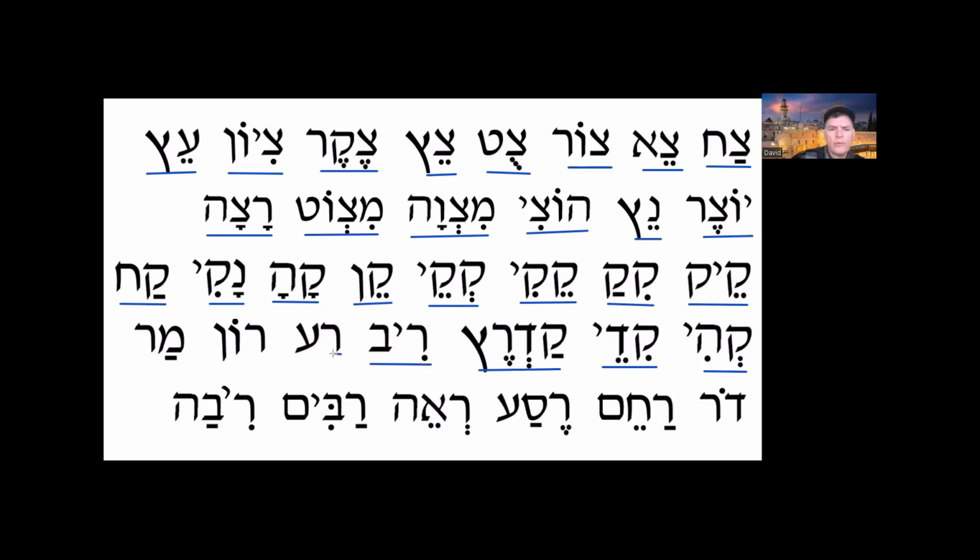That's the one missing a vowel. We're just going to say Ra. Run, Mar, Dor, Rachem, Rasa, Ra'eh, Rabim, Riva.